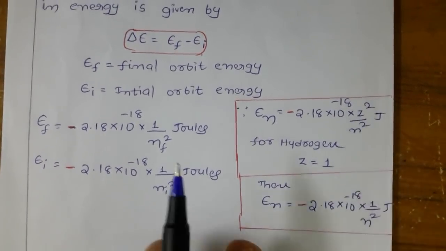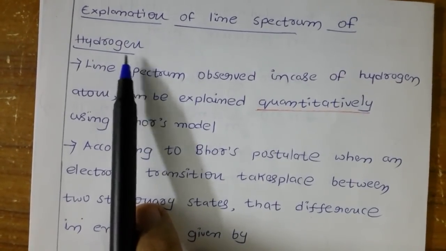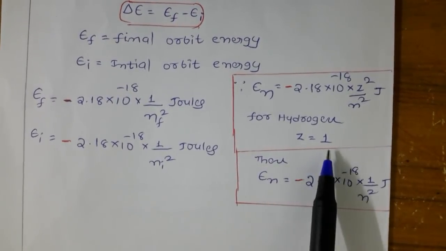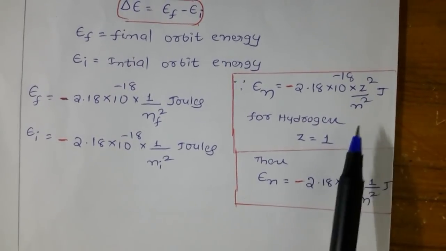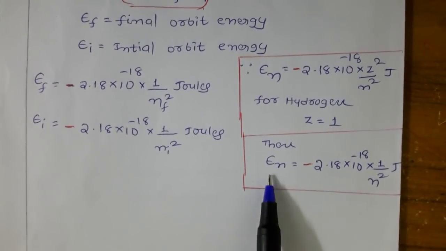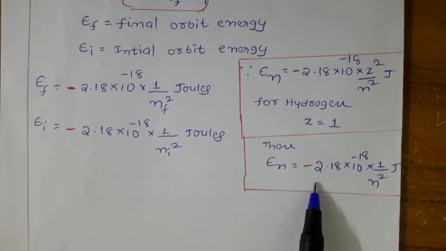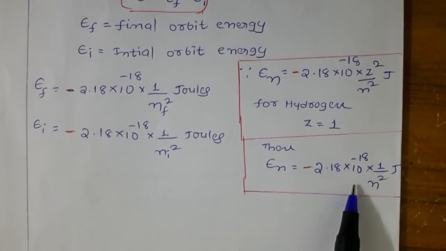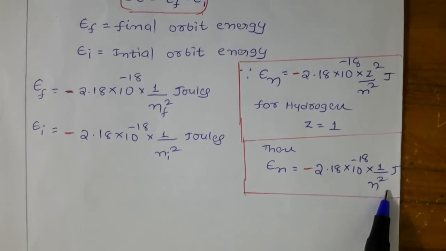We are talking about the hydrogen atom, hydrogen spectrum. So the atomic number of hydrogen is Z equal to 1. If you substitute Z equal to 1, the equation becomes: energy of the nth orbit equals minus 2.18 into 10 to the power of minus 18 into 1 by n square joules, isn't it?